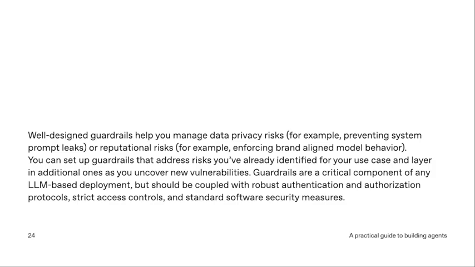You can set up guardrails that address risk you have already identified for your use case and layer in additional ones as you uncover new vulnerabilities. Guardrails are the critical component of any large language model based deployment but should be coupled with robust authentication and authorization protocols, strict access control, and standard software security measures.